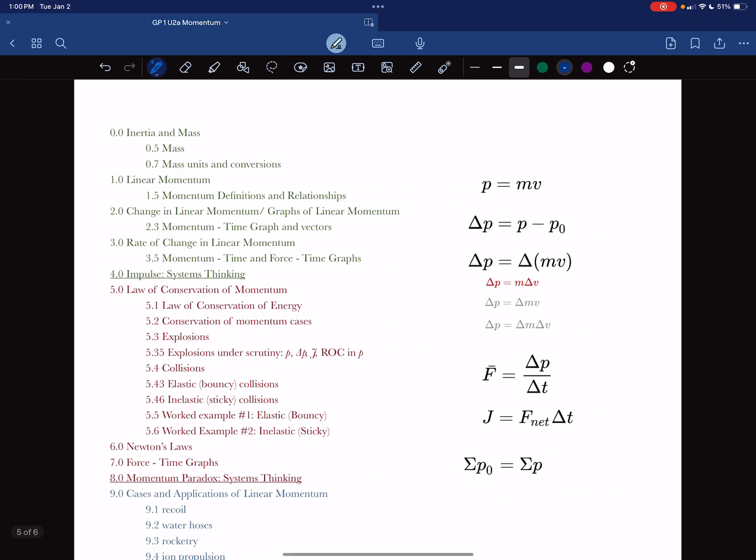Now, as we go through this unit, we will first start off talking about a whole bunch of topics like inertia and mass and linear momentum and change in linear momentum and the rate of change in linear momentum. And we'll learn this idea called impulse. And so those are what we might say are definitions.